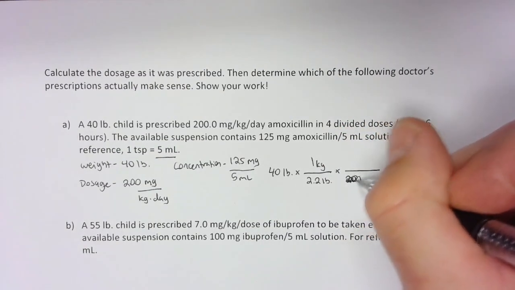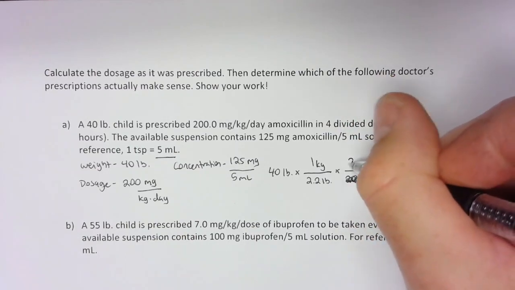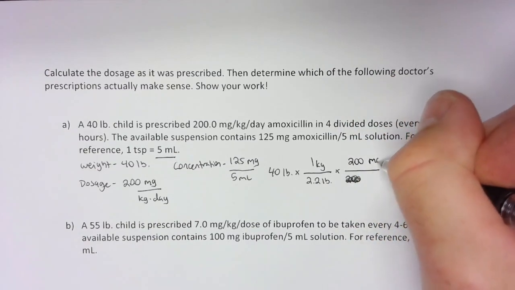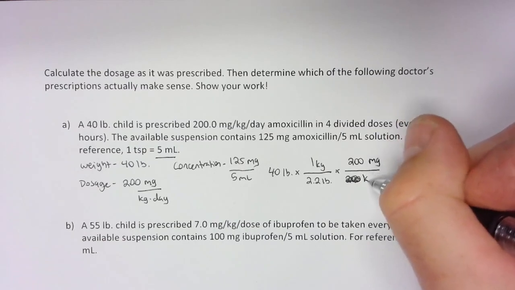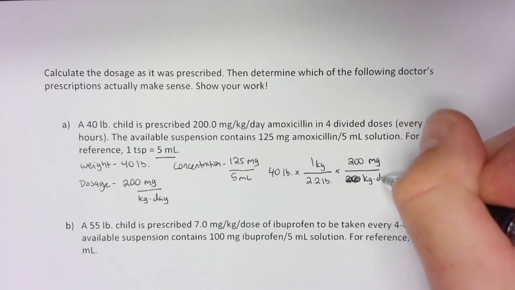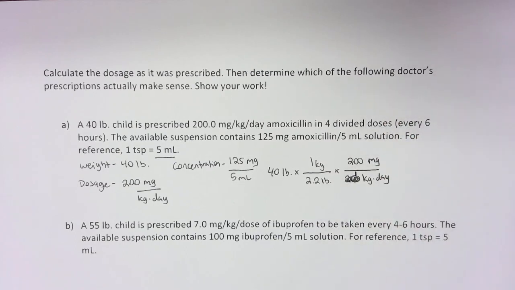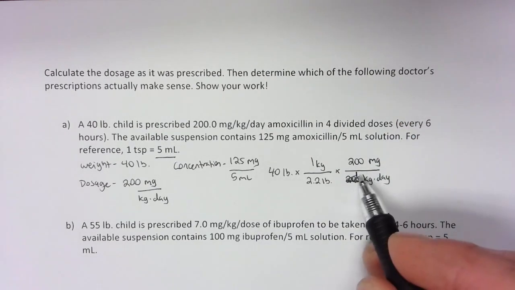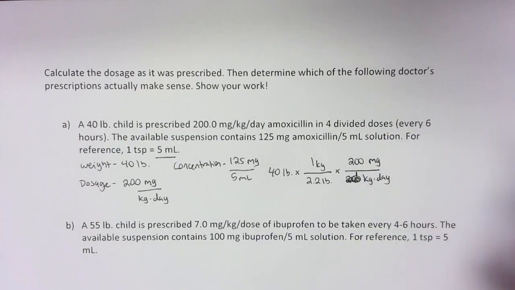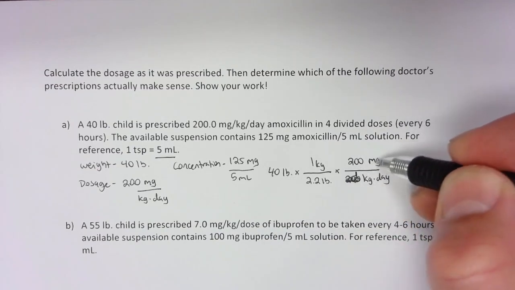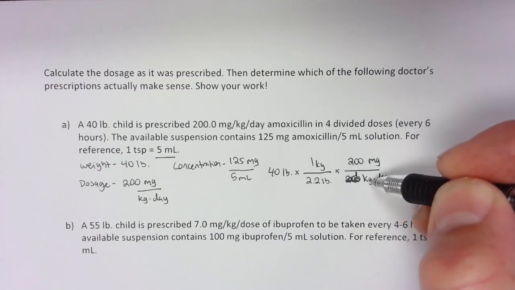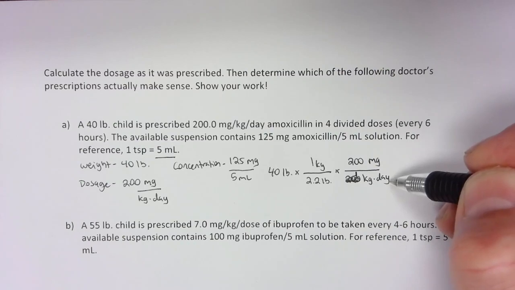Whoops, it does not go there. This is 200, goes on top, milligrams per kilogram per day. So you can put a 1 here, kind of give you a number to associate with for the denominator, but this is 200 milligrams are given for every kilogram of body weight for every day. Okay.